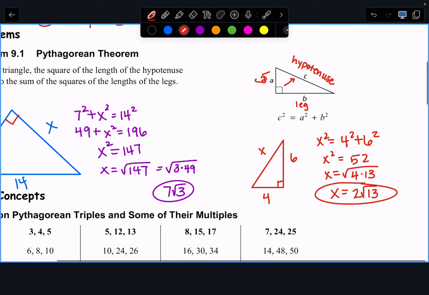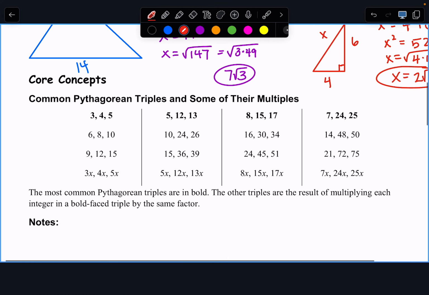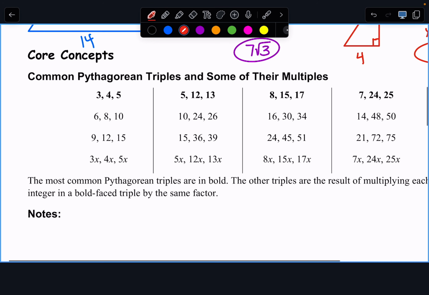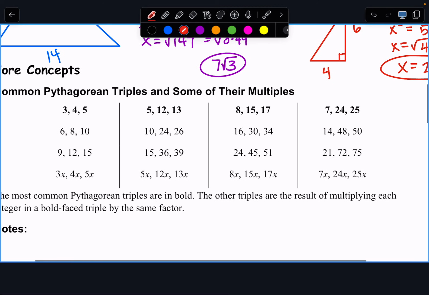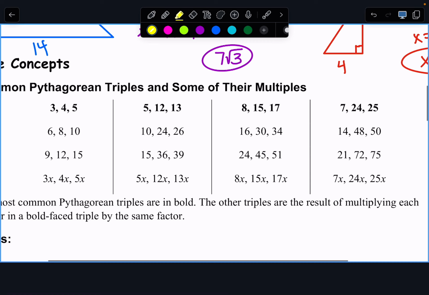Okay? Now, if we have a Pythagorean triple, that means the 3 numbers satisfy the Pythagorean theorem. Here are the most common ones we're going to see: 3, 4, 5, and any multiple of that.